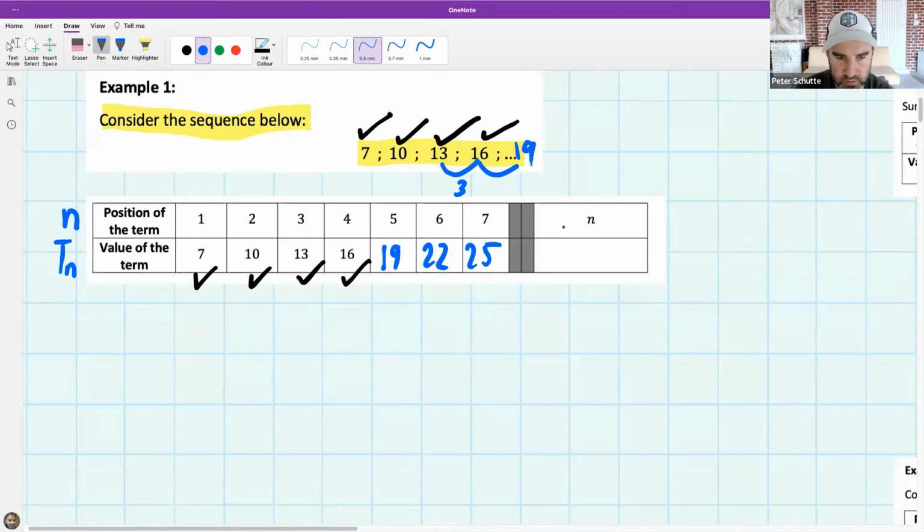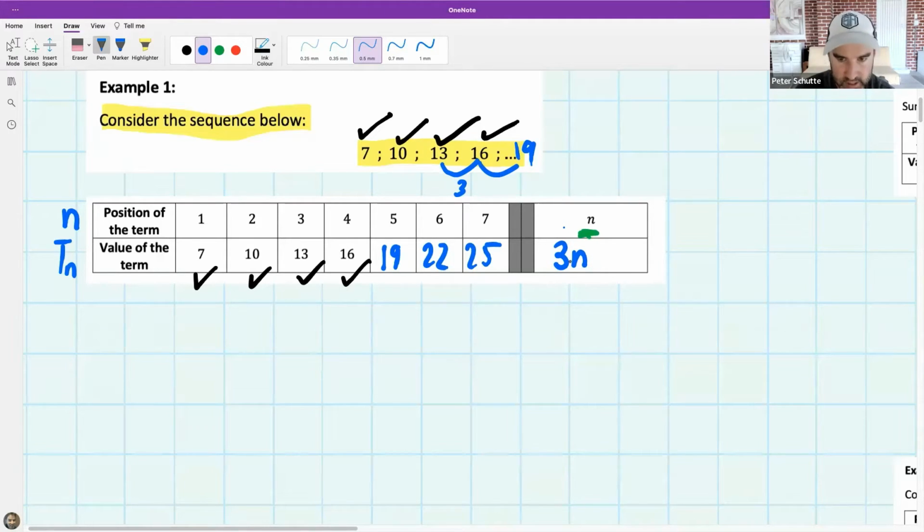The next part of the example is actually asking me for the formula. It's given me the position n, which is an unknown, and it wants to know the value of the term. What I do, and I did this in previous lessons, is that we always wrote the step size in front of the n. In this case, the step size was 3, so this is going to be 3n.